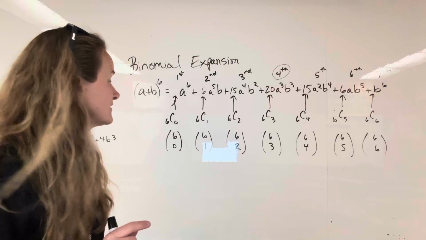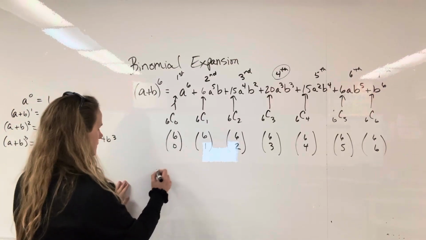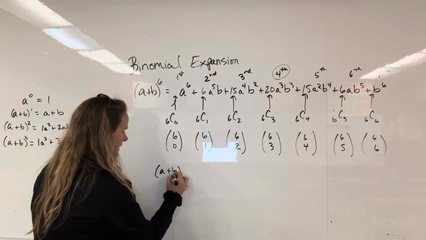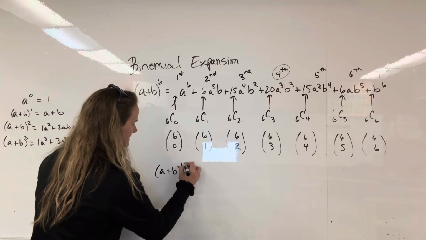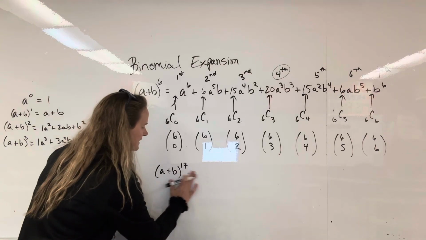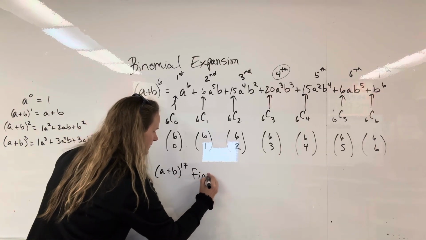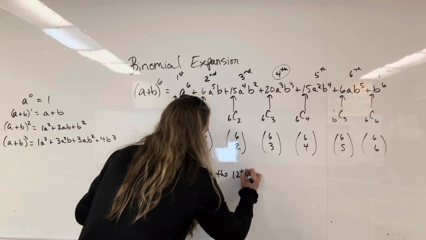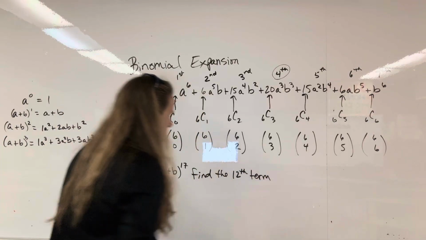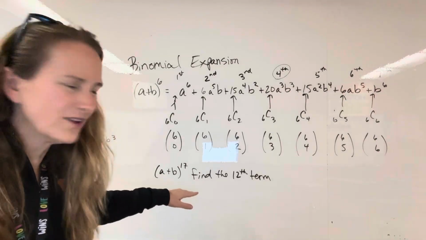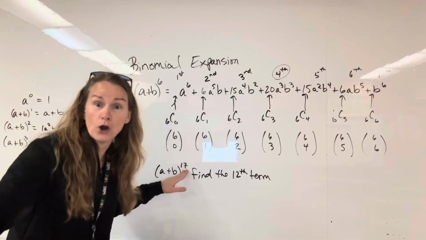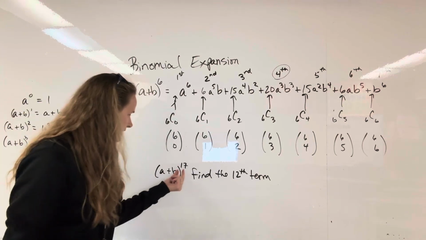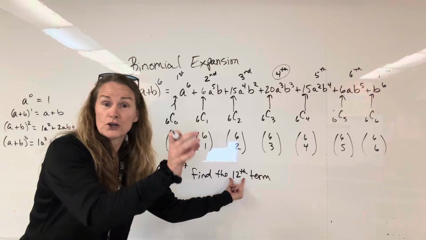But if they were to give you some term, a plus b to the power of, let's do 17, and they want you to find, let's do the 12th term. Well, I don't want to have to go to Pascal's triangle and go to the 18th row, right? You're like, oh, that's kind of a pain in the butt, just to figure out the one term in the whole thing.